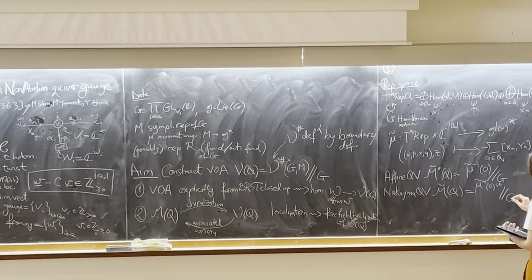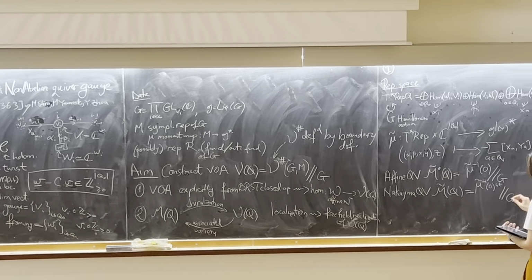And for these partitions, the Nakajima quiver variety, non-extended, is just the Slodowy slice associated to sigma. So for sigma, there will be a corresponding nilpotent element F in the Lie algebra, whose Jordan block is specified by this partition.